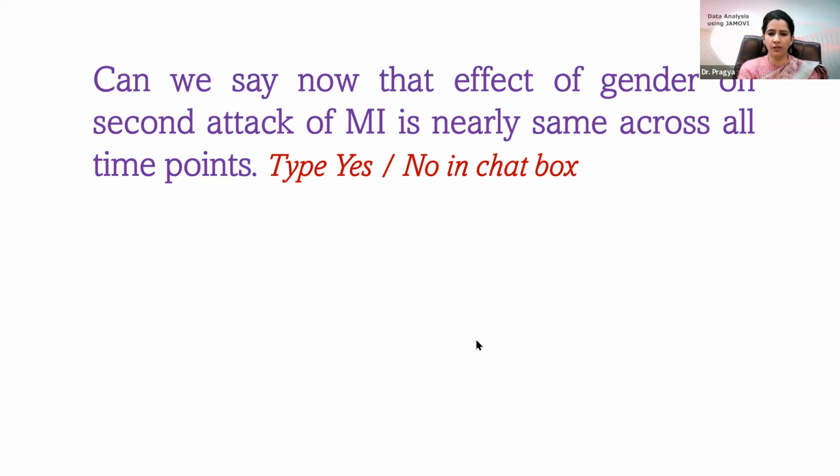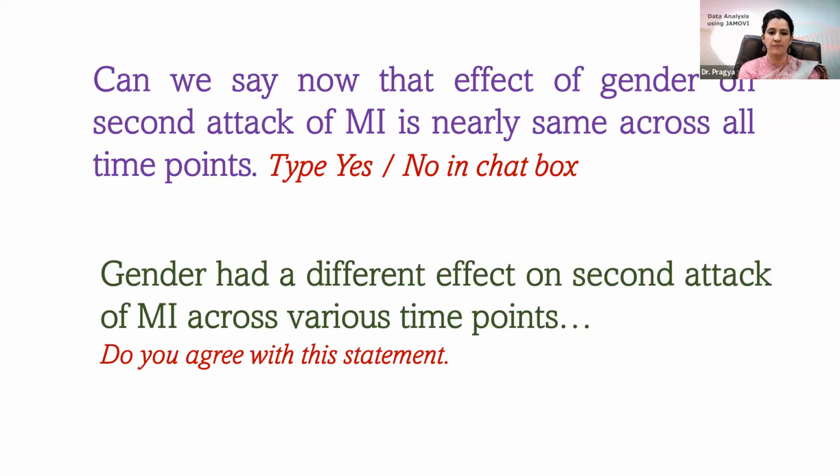We cannot say that, because neither the hazard is same nor the ratio is same. So we will say that gender has a different effect on second attack of MI across various time points. Do you agree with this? Yes. We can say that it has a different effect at each time point, like 0 months, 3 months, 6 months, and so on.